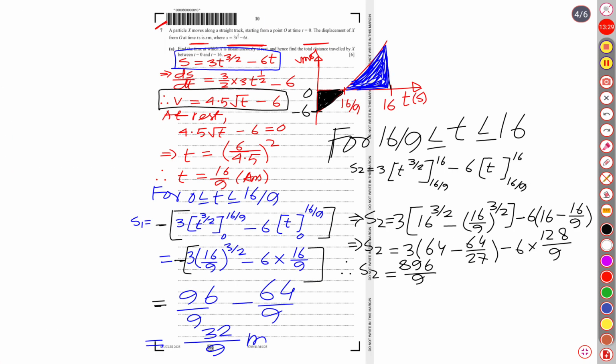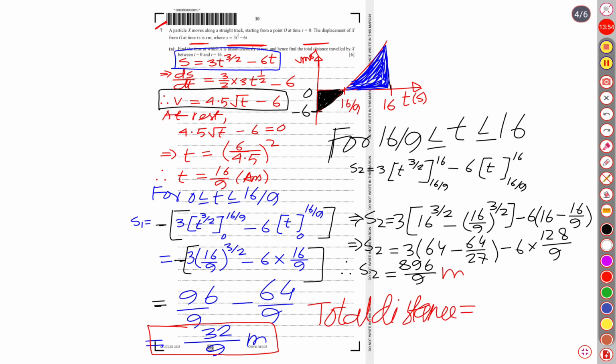Now we will find the total distance. So the first distance was 32 over 9, this portion, and the second distance was this. So we can write total distance equal to, we are just going to do addition. These two should be added.